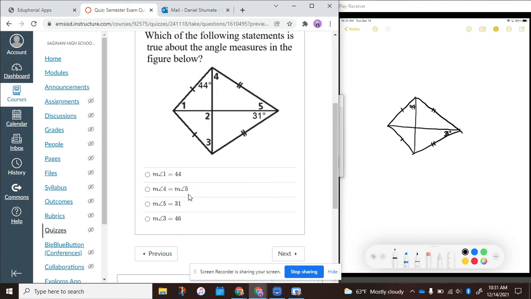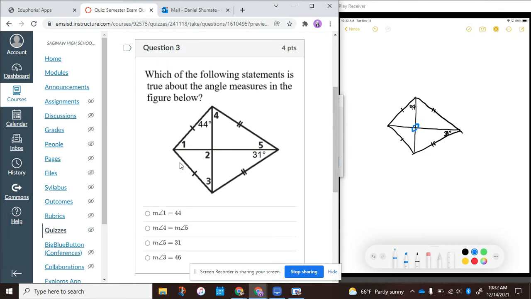Now, here's what we know. We know quite a few things about kites. One of the first things we can recognize that's not in this picture is that right in the middle of this, these are all right angles. The two diagonals on a kite are perpendicular to each other. So what if we are looking at this as a set of triangles?